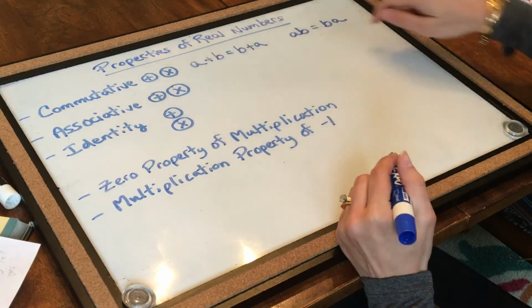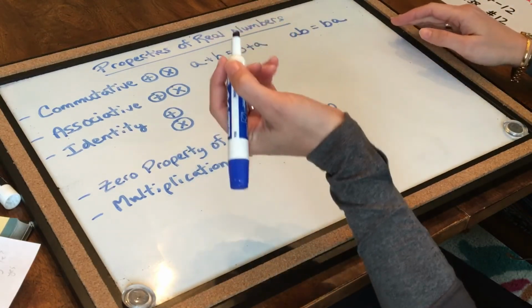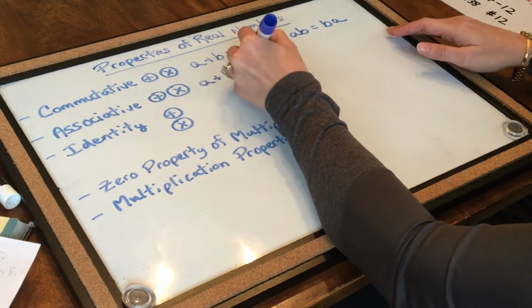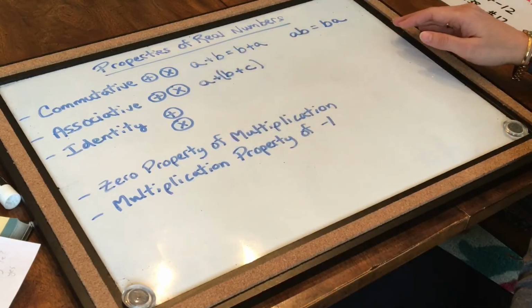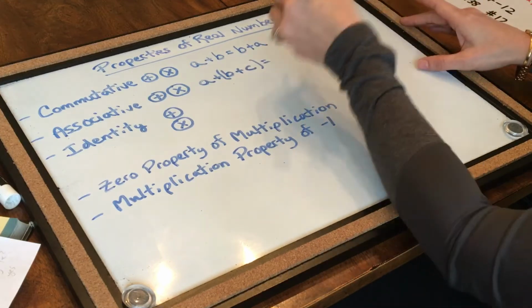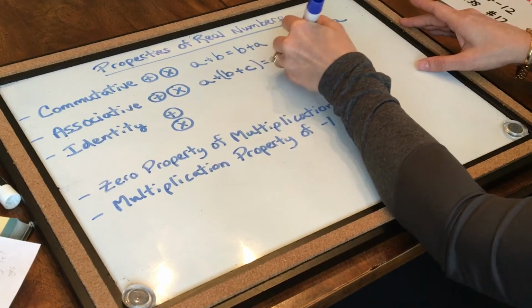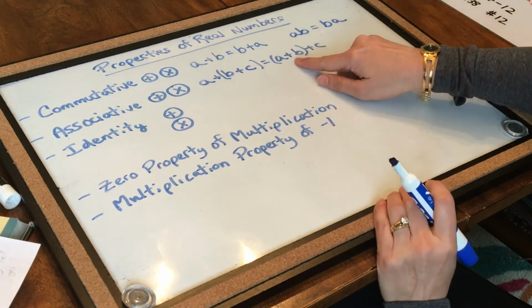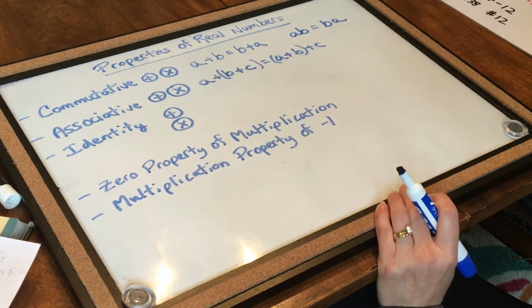So the associative property of addition would look something like this. If we had A plus B plus C, and I put the parentheses around B and C, that would be the same as A plus B plus C, where this time the parentheses is around the A plus B, okay?